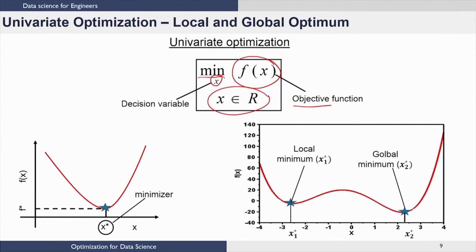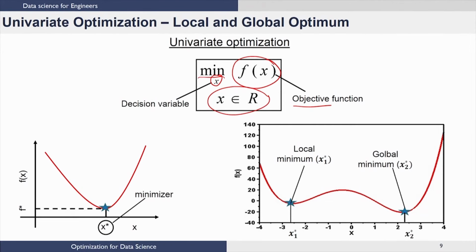And since this is a univariate optimization problem, x is a scalar variable and not a vector variable.